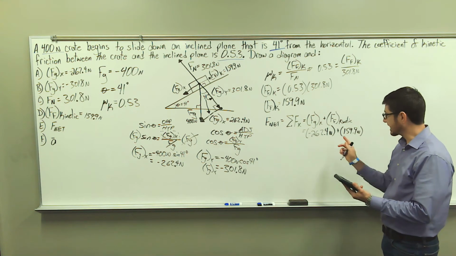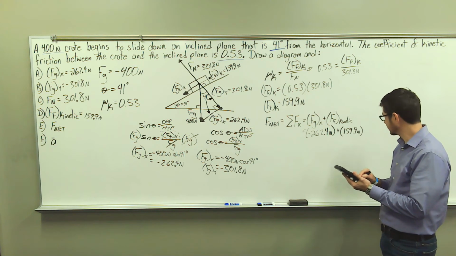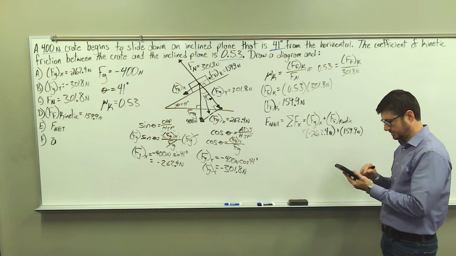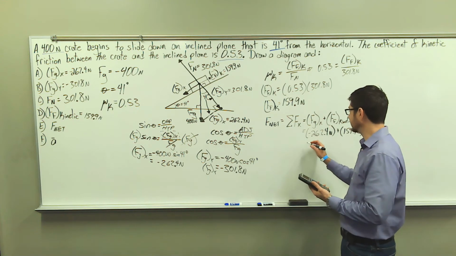So let's go ahead and calculate our net force in the x direction. And I get a negative 102.5 newtons.